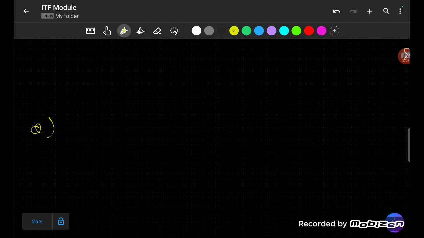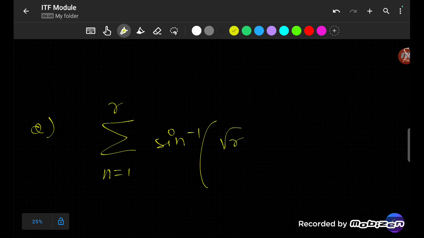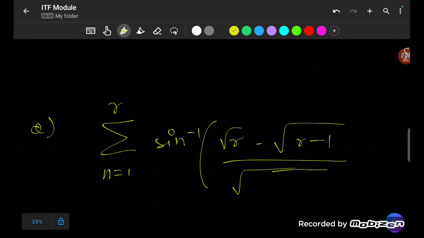Okay, it's a series. It's assuming it should be telescopic. So we have a series here, n equals 1 to r, sine inverse of under root r minus under root r minus 1 upon under root r times r plus 1.